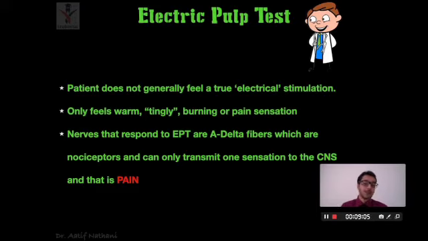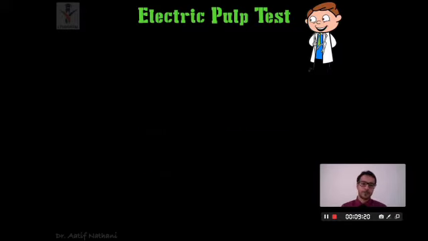We have already discussed this, but I'll repeat it: nerves that respond to EPT are A delta fibers, which are nociceptors and can only transmit one sensation to the CNS, and that is pain.